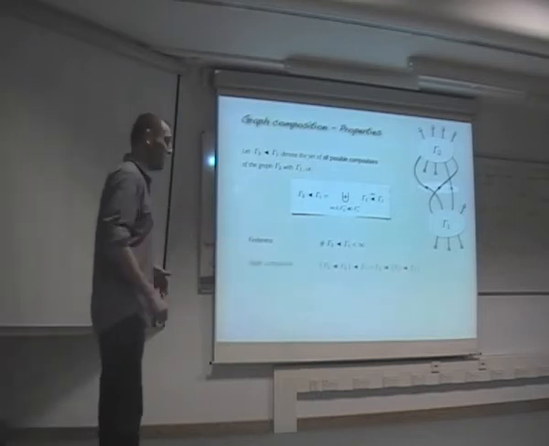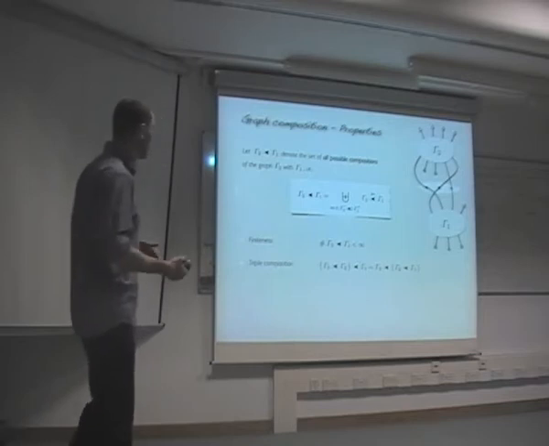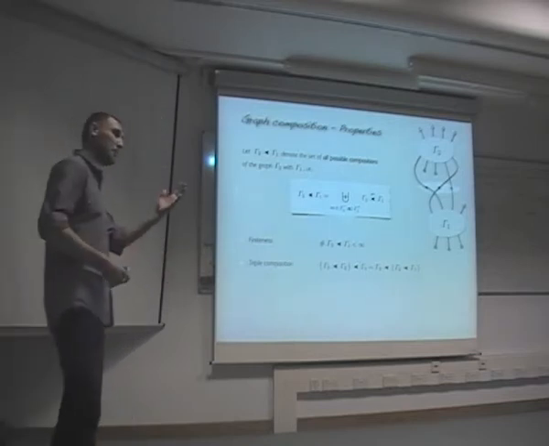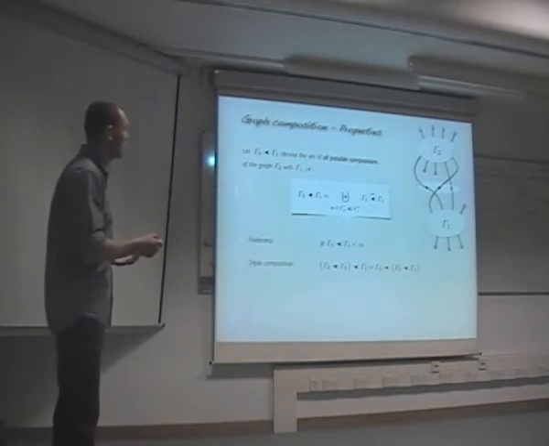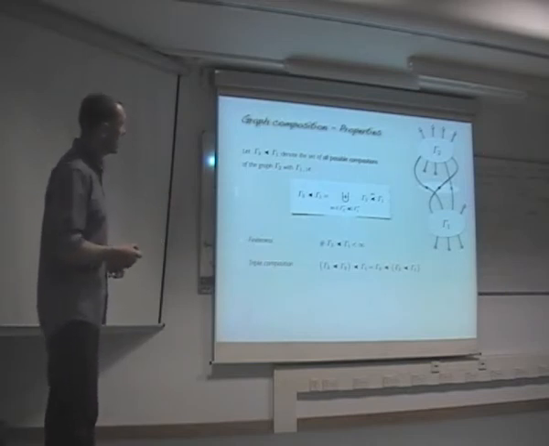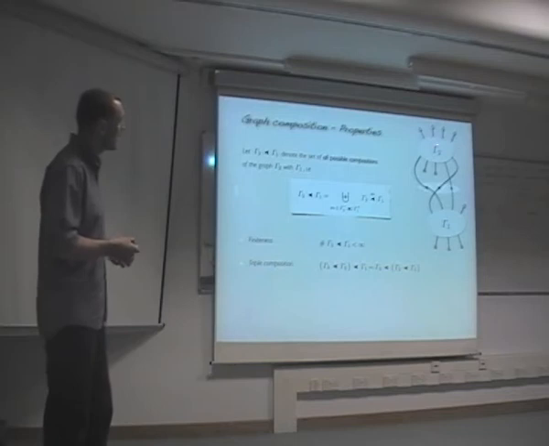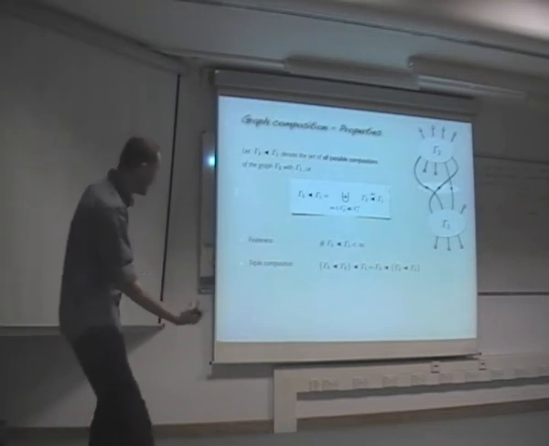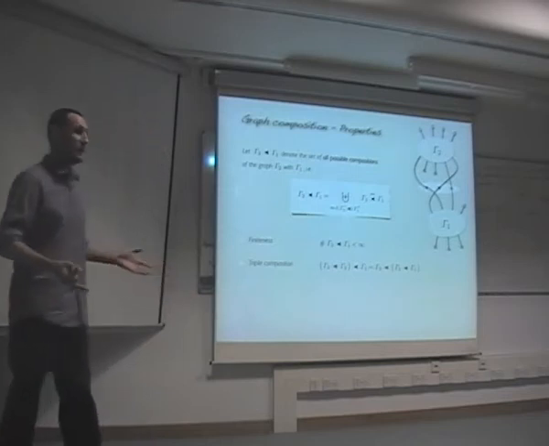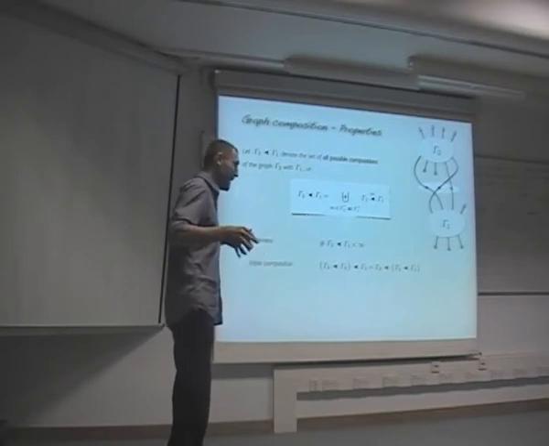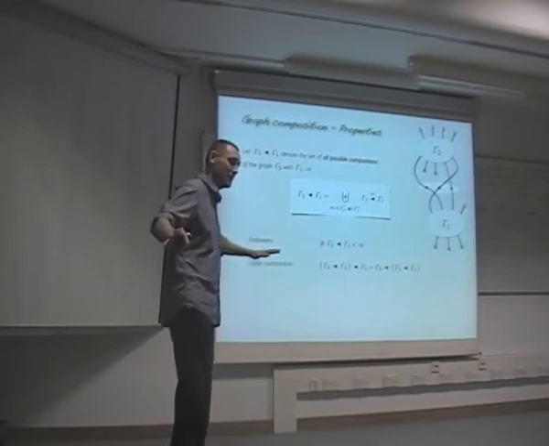You can have a finite number of compositions. Then you can compose more graphs. Given three graphs, gamma 1, gamma 2, and gamma 3, you can first compose gamma 1 and gamma 2, and then the results with gamma 3, or you can start with gamma 2, compose with gamma 3, and then plug in gamma 1, and all of a sudden, the result is that the sets which are obtained in the end are exactly the same.